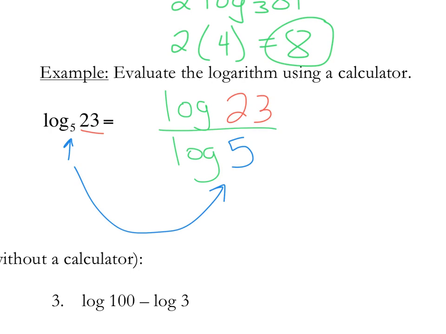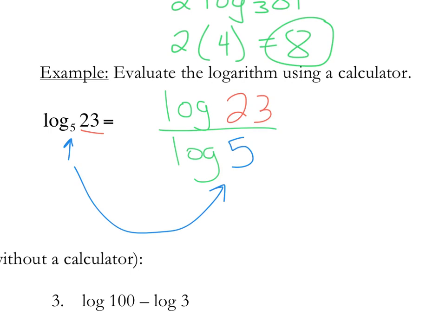So I can write log base 5 of 23 as the log of 23 divided by the log of 5. And this you can do right on your calculator. On the left-hand side of your TI-84 calculators, there's a log button. That is the log base 10 button. That's the easiest thing we can use.